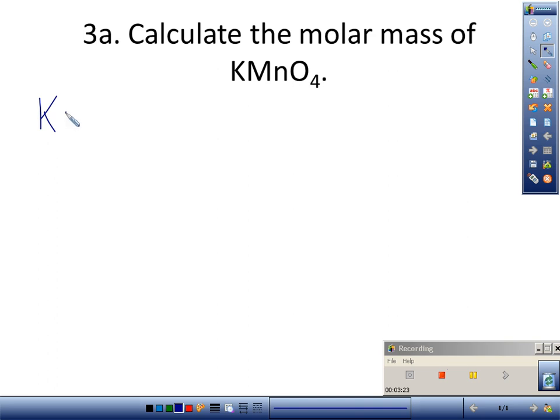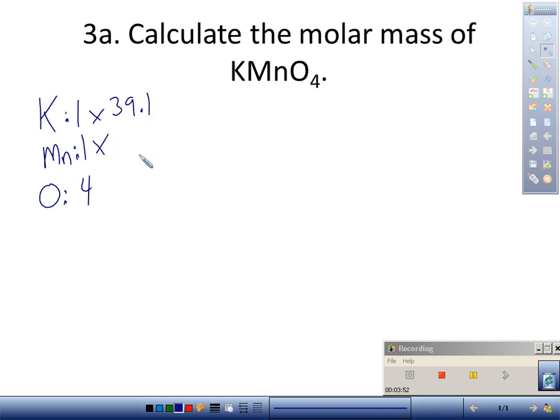I have some potassium. I have 1 potassium. I'm going to look up the molar mass.